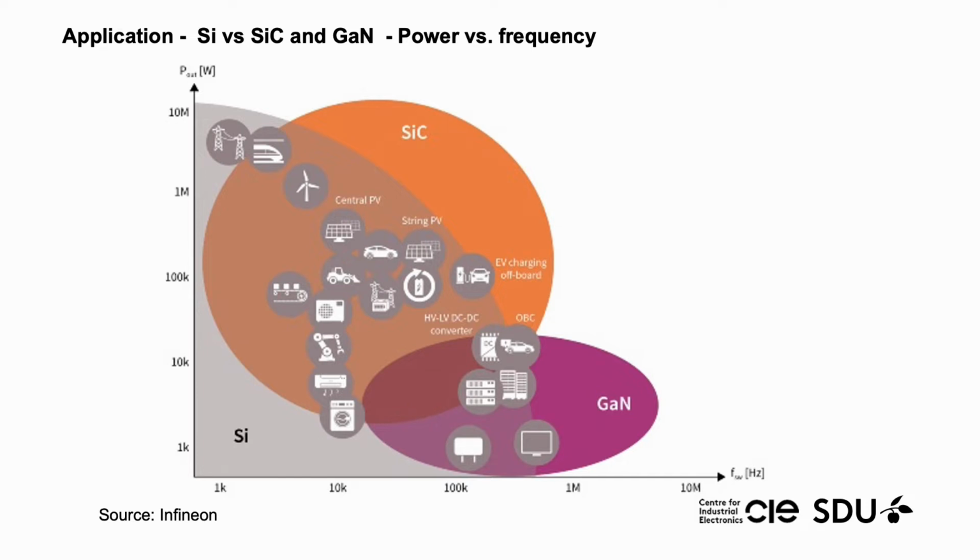It is common understanding that the new wide bandgap devices, silicon carbide and gallium nitride, are used in different power frequency areas. Silicon carbide is more suited for higher power levels and lower frequencies, whereas gallium nitride is more used for lower power levels and even higher switching frequencies.